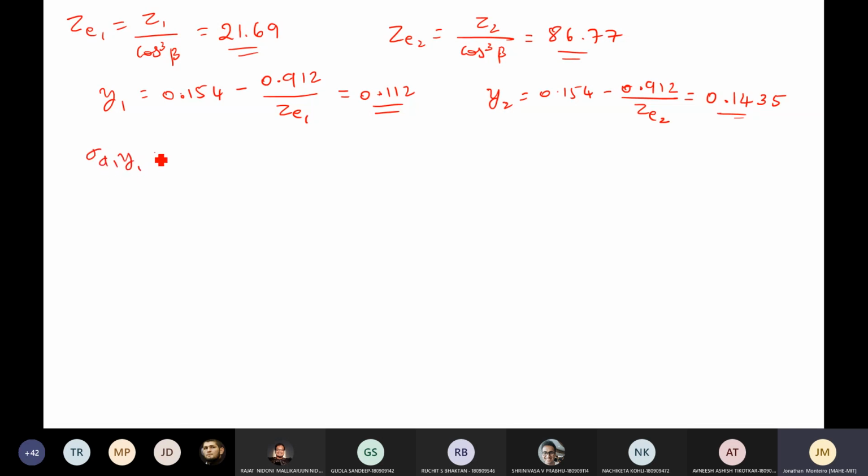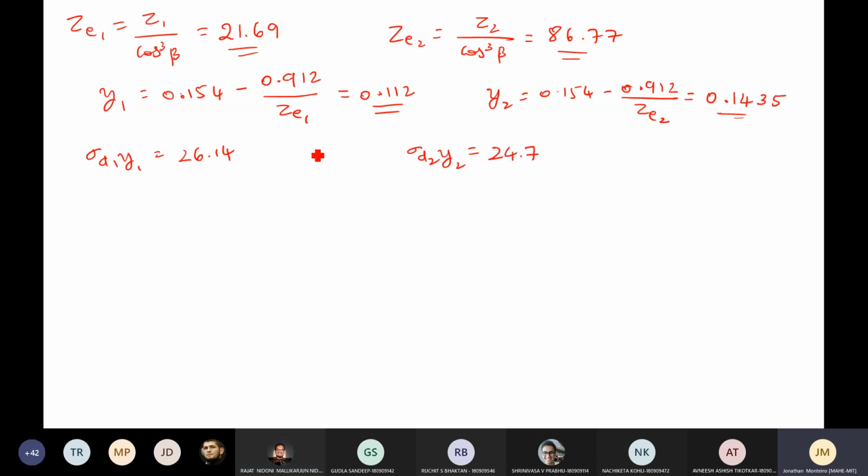So sigma d1 y1 is some value, and sigma d2 y2, we will compare the products. What's the value? 26.14. Yes, good. Next, sigma d2 y2, 24.76.